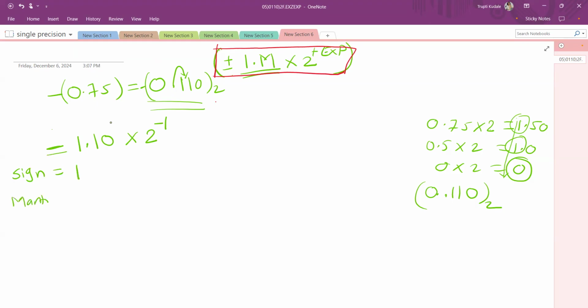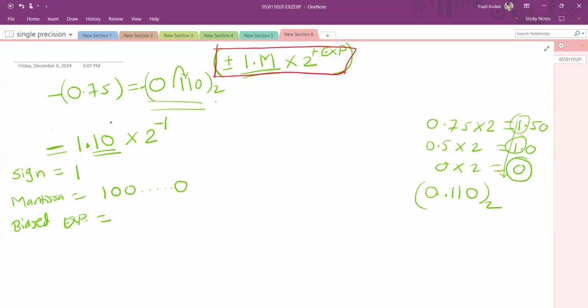What will be my mantissa? The number which is followed by the binary point will be my mantissa. So 1, 0, 0, all followed by 0. What will be my biased exponent?